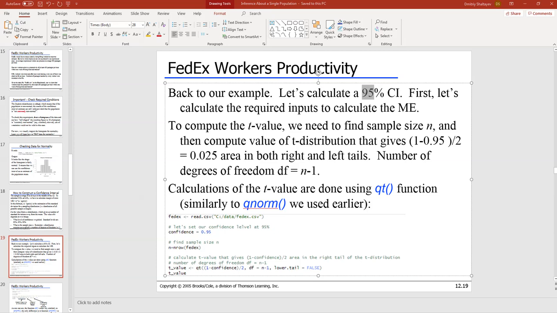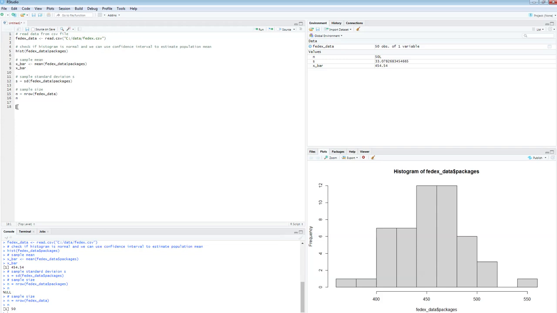Okay, so let me switch back to RStudio, right? So now I need to calculate the t value. First things first, let me actually go ahead and do this. I'm going to say the confidence that I'm going to use is 95%.